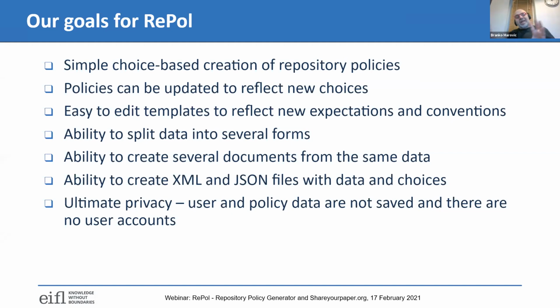Also, we want to be able to split the content that you need to provide into several forms, and based on that content to create several potential documents if needed. And one of the versions of those documents are also machine-readable documents. Actually, in the humanly readable document, we already configure everything that has been provided by the end user.